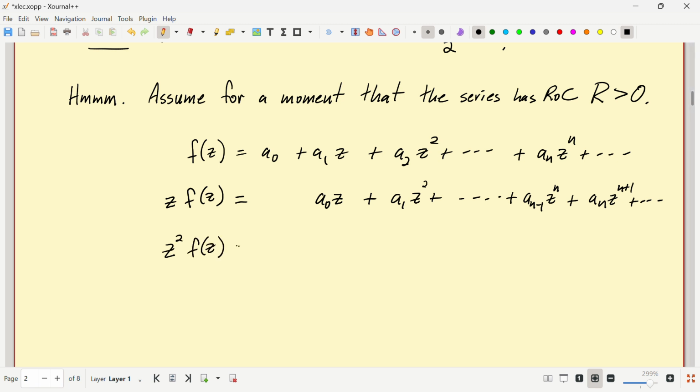If it has a positive radius of convergence, I can do this. The next one would be a naught z squared plus a1 z cubed, etc. This one would be a_(n-2) z to the n plus a_(n-1) z to the n plus 1 plus etc.